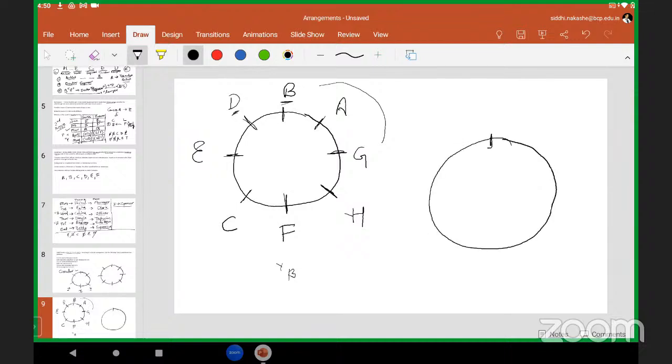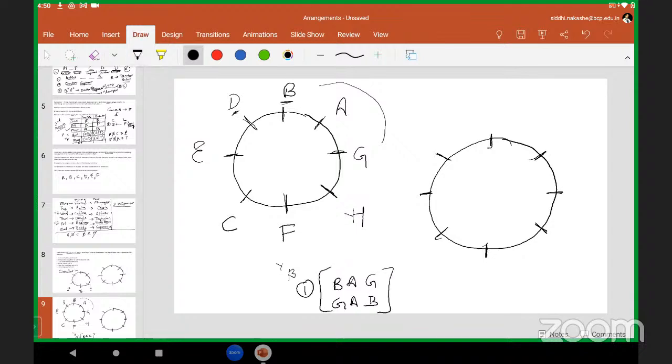So 1, 2, 3, 4, 5, 6, 7, and 8. So now we'll focus again that A is somewhere between B and G. So it has to be BAG or GAB, right? So this is condition 1.